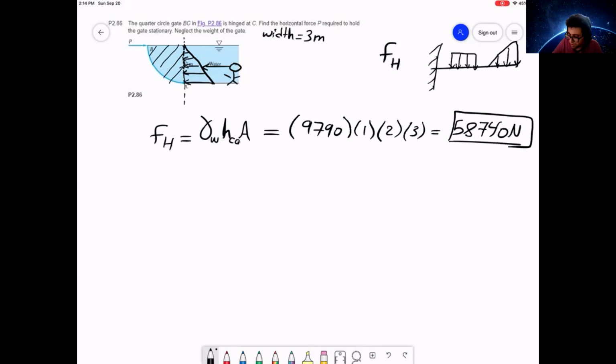So you can use the formulas YCP and XCP, that's totally fine. But how I look at this problem is just basically a triangle. And where is the centroid of this triangle? It would be 1/3 from the bottom or 2/3 from the top. And that's the centroid of this triangle, which is the center of pressure of the flat surface.